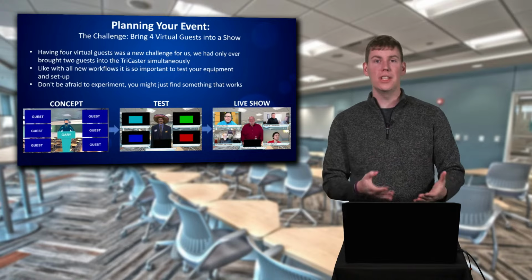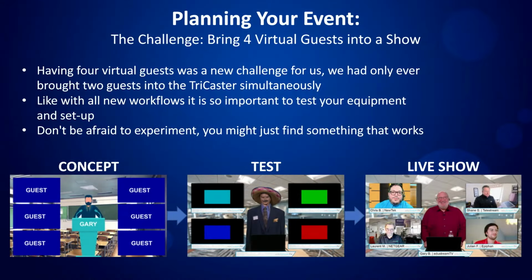And as you can see in the bottom left of this slide here, that concept photo was what we initially presented to Gary and said, Gary, this is what we can do. We have 8 layers, so that means at most we could bring in 6 guests, plus you, plus a background.